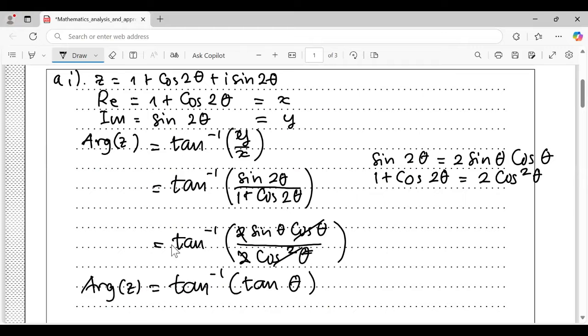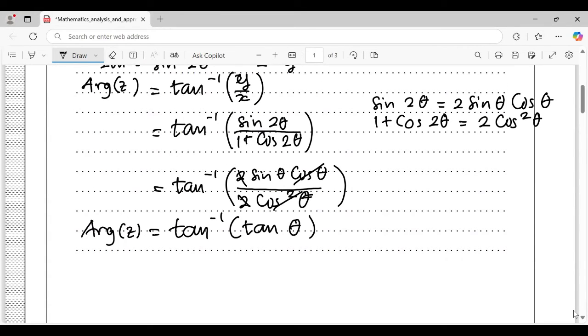So argument z is equal to theta, because inverse tangent of tangent, with interval theta from minus pi half to plus pi half, according to the information.